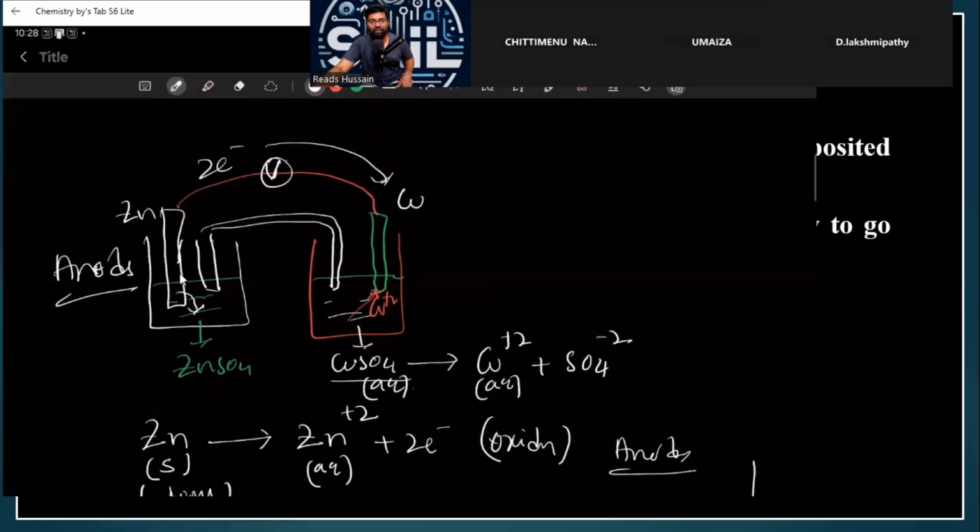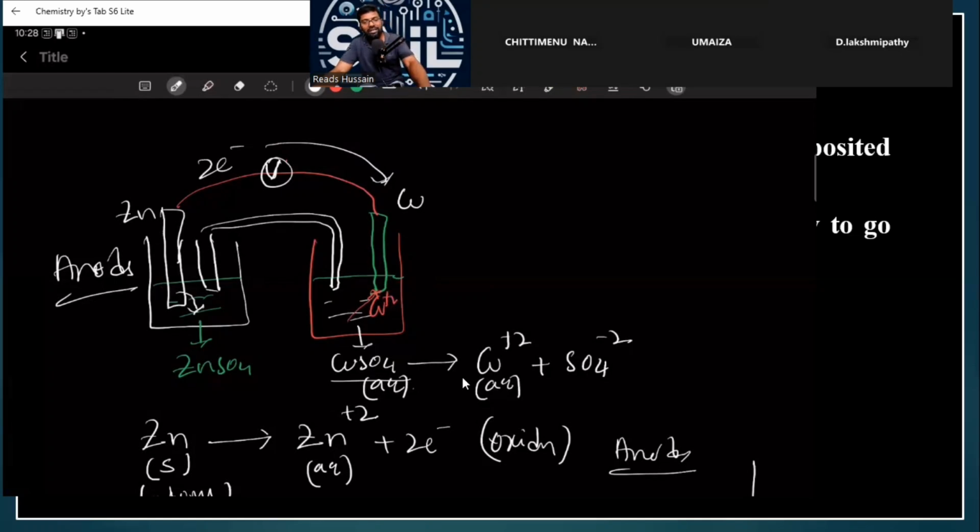Due to these electrons, the anode becomes negatively charged, and these electrons move towards the cathode, which is positively charged. Simply remember: the anode is negatively charged due to the electrons released by the metal atoms, and the cathode is positively charged due to the accumulation of cations over the surface of the cathode.